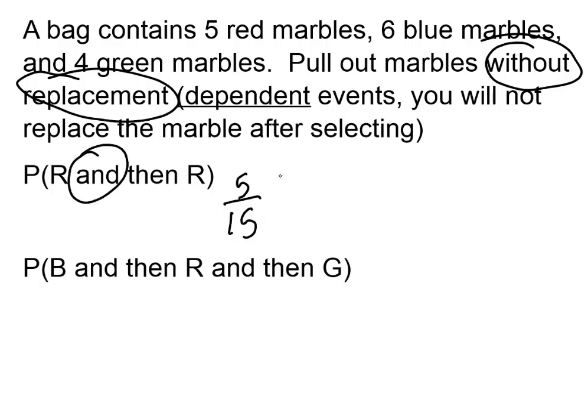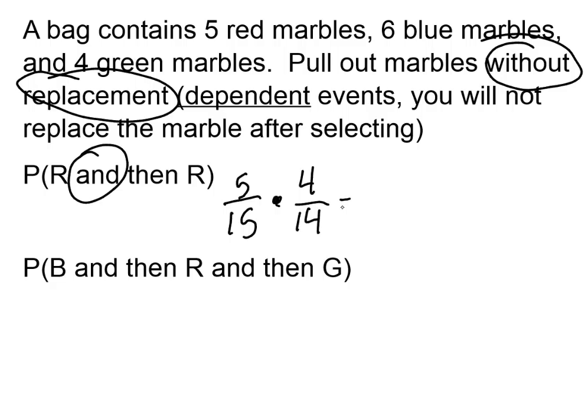We have a key word of "and," so this is multiply. 5 over 15 was the first red probability. Pulling out a red the second time, we need to assume that we actually did pull out a red marble. There's now 4 red marbles in the bag. Since we're not putting back that first marble, that means there's no longer 15 marbles in the bag when we pull out another marble.